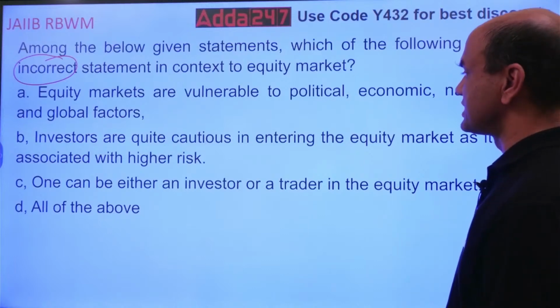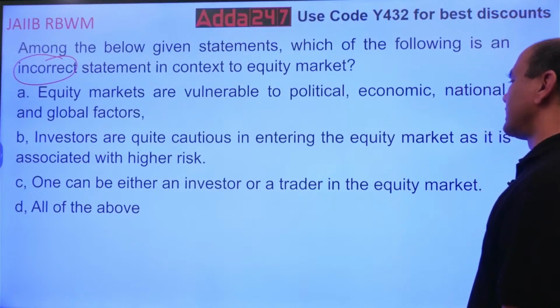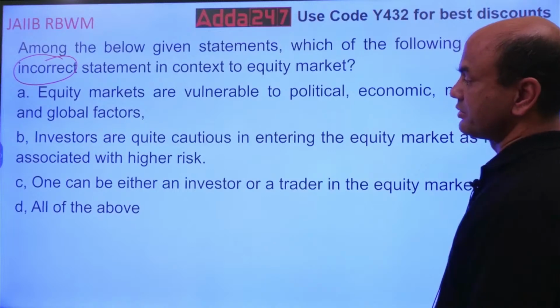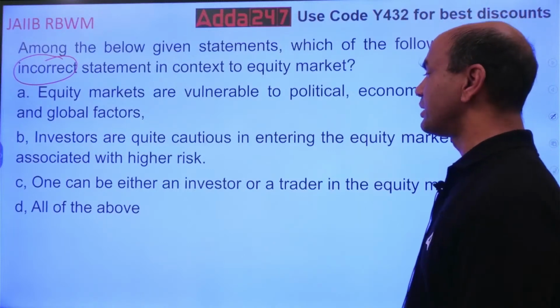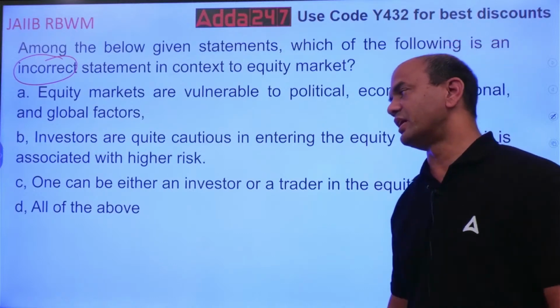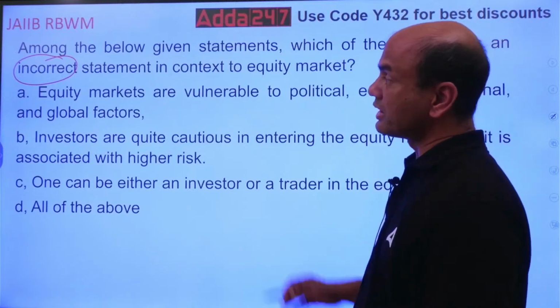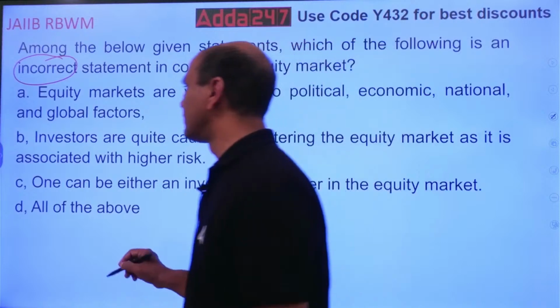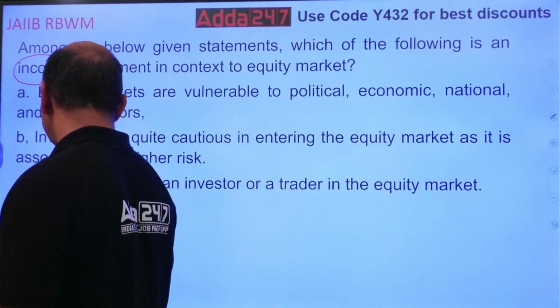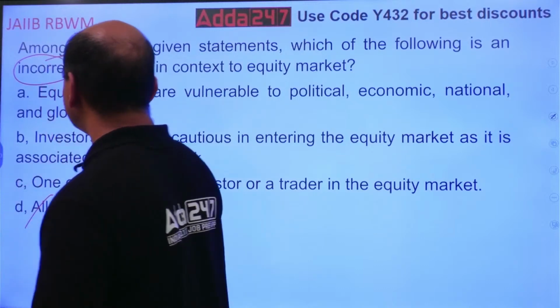Investors are quite cautious in entering the equity market as it is associated with higher risk. One can either be an investor or a trader in the equity market, and all of the above. You want incorrect. In fact, it should be none of the above.